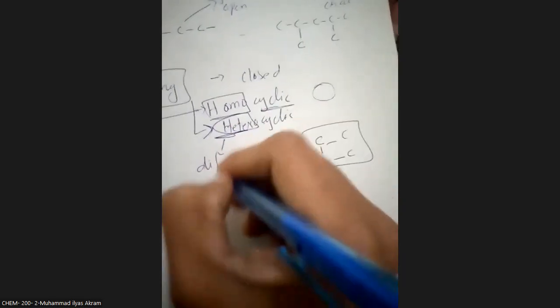And what are heterocyclic compounds? Hetero means different, and cyclic means in a cycle, a closed ring.